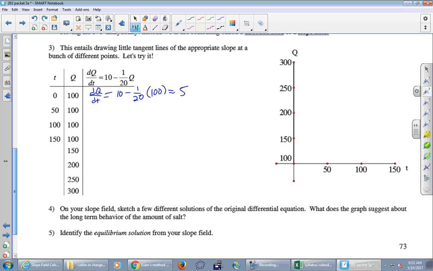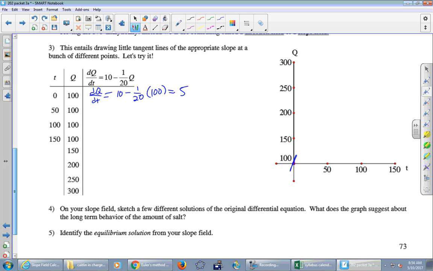So at the point (0, 100), which is this purple point right here, I want you to draw a little line segment. The slope is 5. We're just imagining a little tiny part of the tangent line. And if you're zoomed way in, that's pretty much what the curve looks like right there. It's a line whose slope is 5. What if I plug in t equals 50 and q equals 100? What do we get?